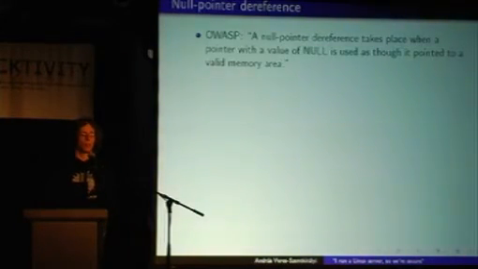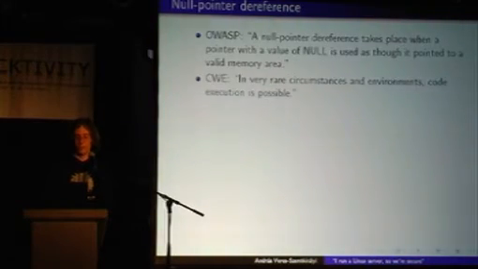However, many pointers are initialized to 0 because otherwise some leftover may be there, and this null means that the pointer does not point anywhere. Algol's designer said that his life's biggest mistake was to implement null pointers in Algol. CWE writes that in very rare circumstances and environments, code execution is possible.